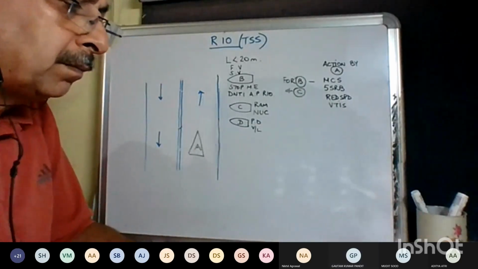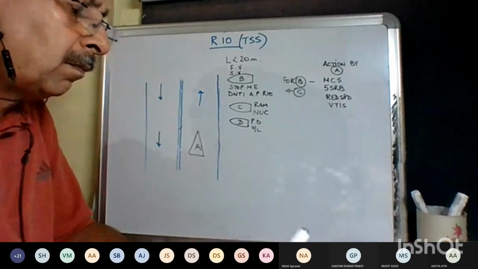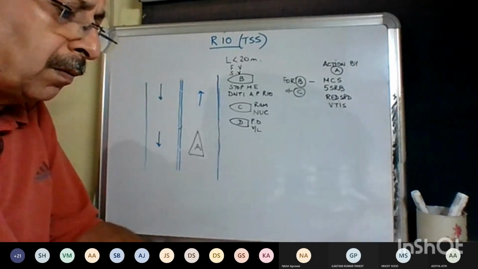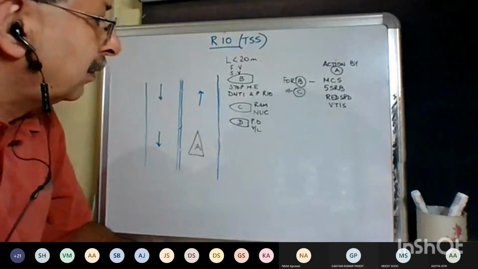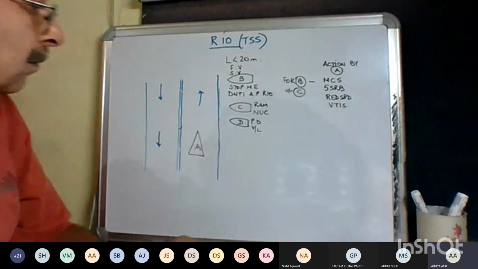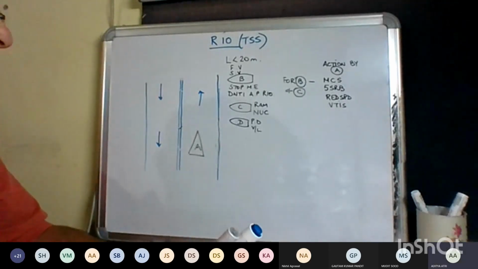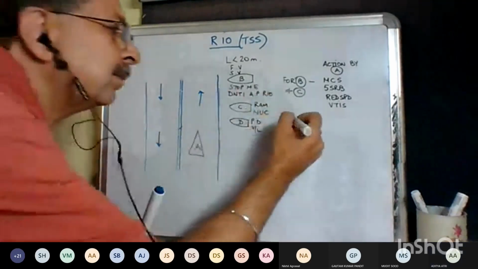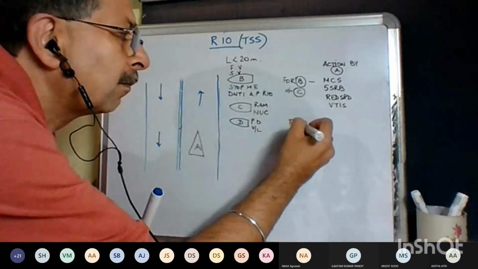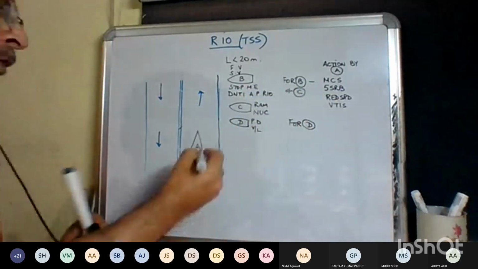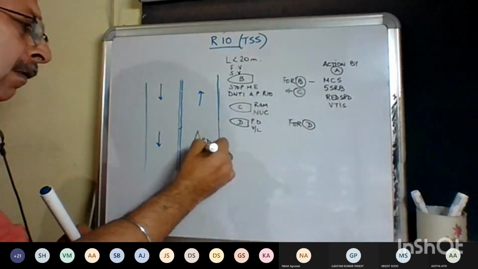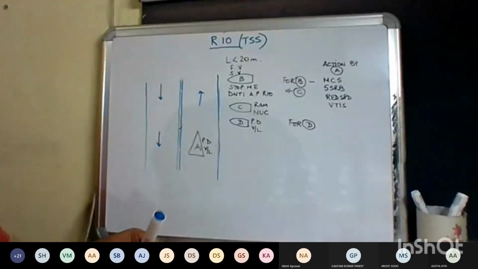Sir, could you repeat the question once? The internet was glitching. I'm talking about Alpha for Delta. Delta is a power-driven vessel, Alpha is also a power-driven vessel. Alpha, sir, maintain course and speed.